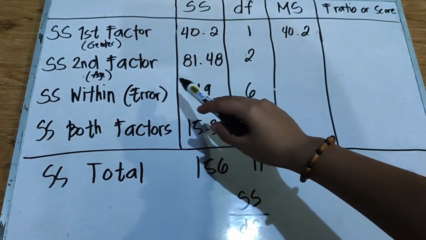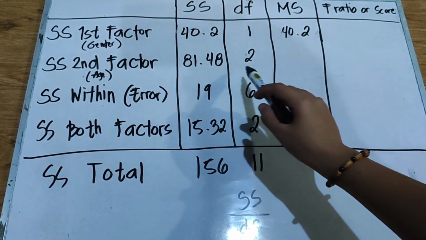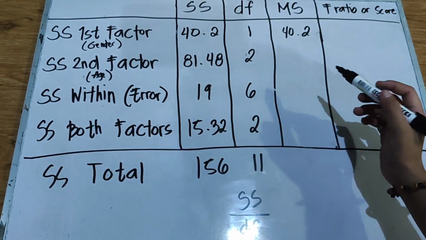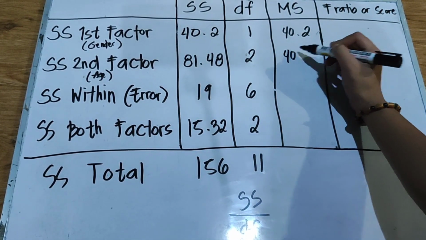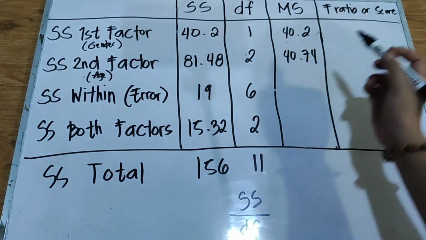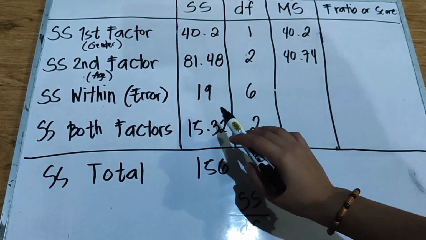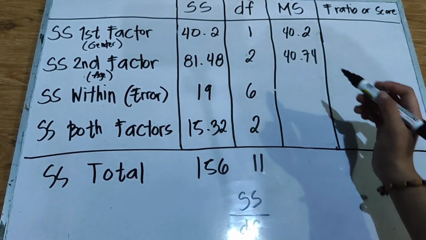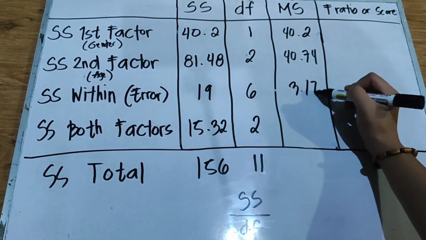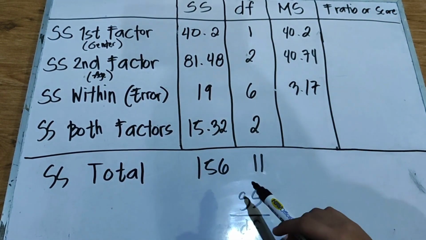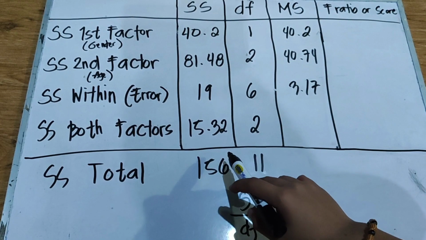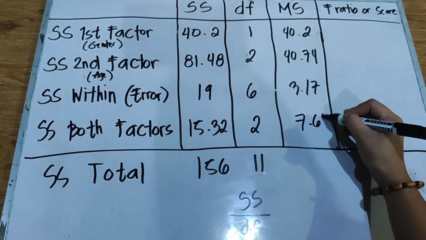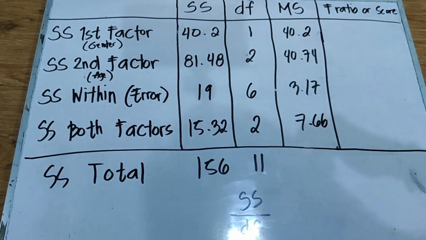Then for the second factor, 81.48 divided by 2, which is 40.74. Same with within or error, 19 divided by 6 is equals to 3.17 rounded off. And then for both factors, 15.32 divided by 2 is equals to 7.66. So that's how you get the mean square.